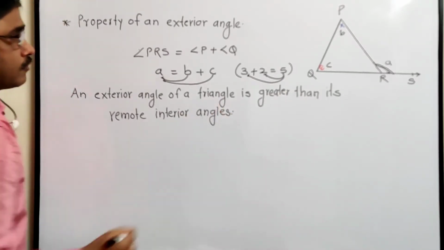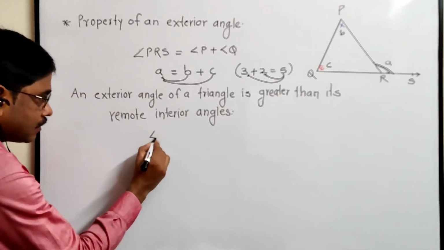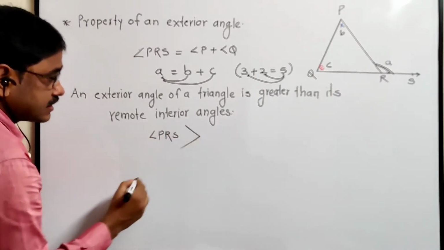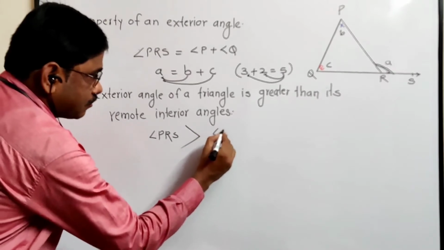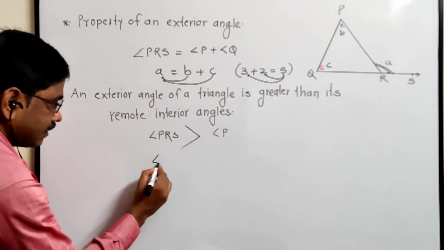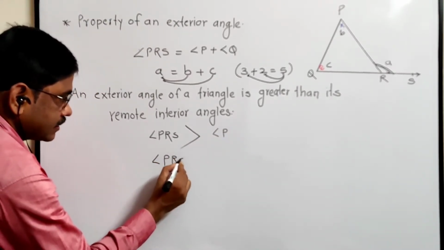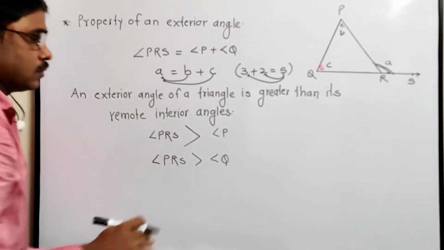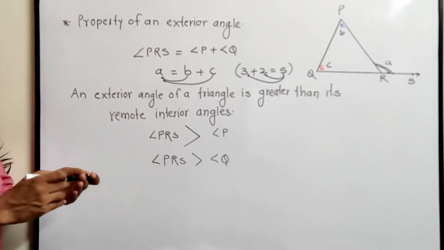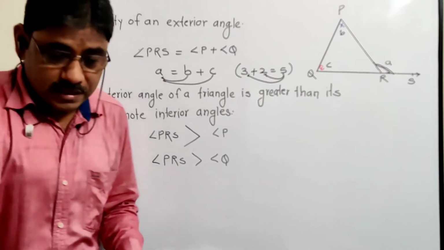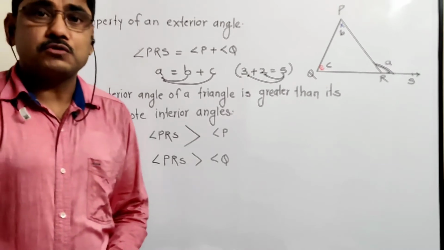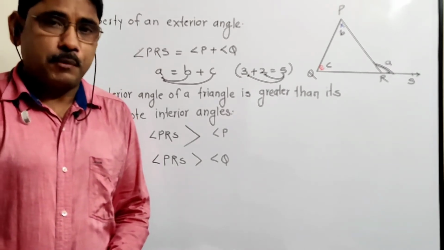So here we can write: angle PRS, this is the exterior angle, is greater than angle P, and angle PRS is greater than angle Q. So it is greater than the remote interior angles. That is the second property. Now using these properties, we have to solve practice set 3.1.